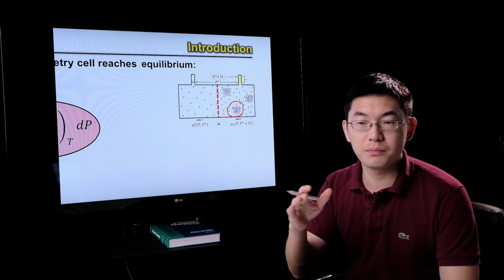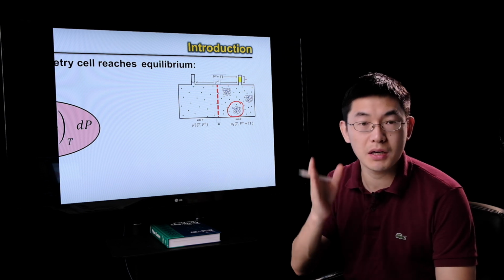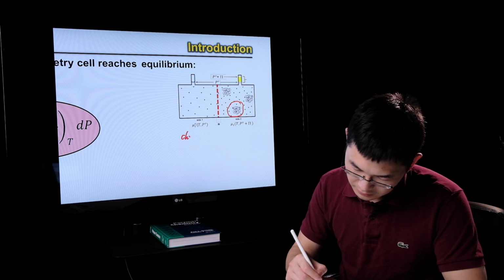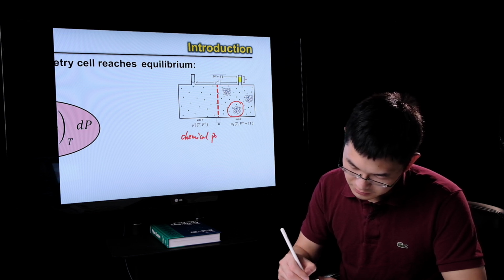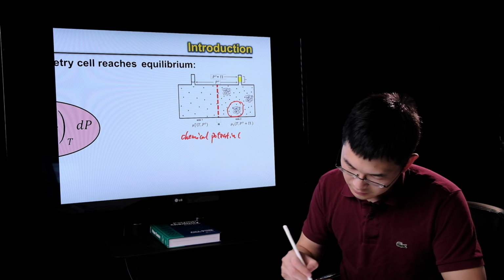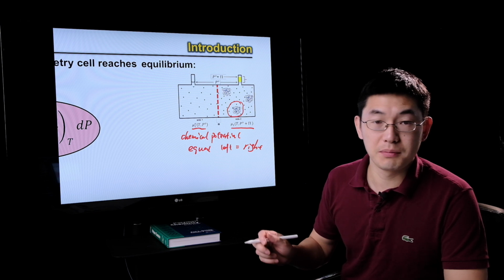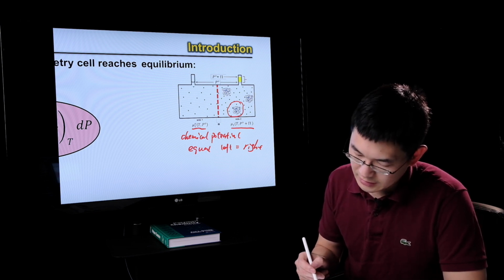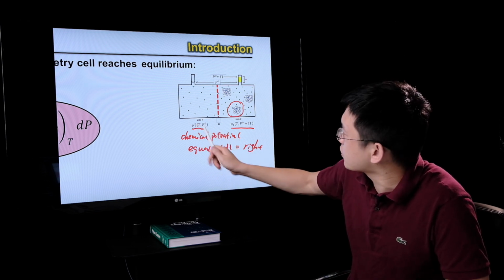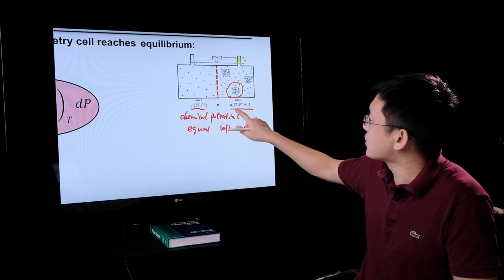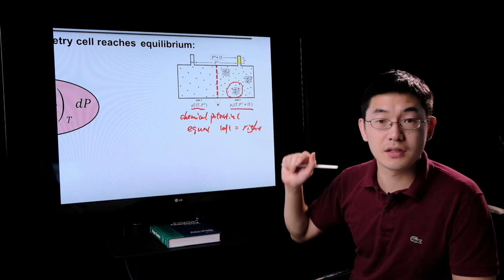When there is no solvent movement, that means the chemical potential for the solvents will be equal on the left and on the right side. What we wrote here: the chemical potential for the solvent on one side at a certain temperature and pressure, T and P, will equal the chemical potential on the other side at T and P plus osmotic pressure.